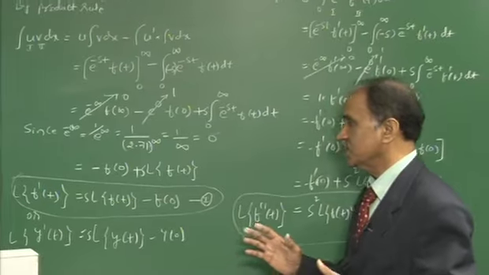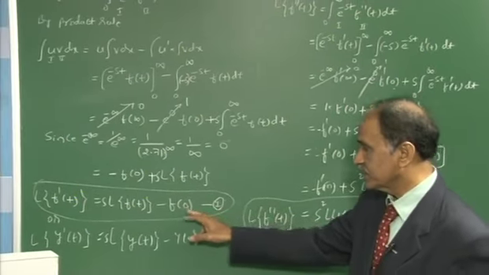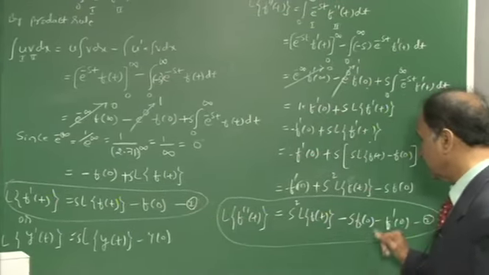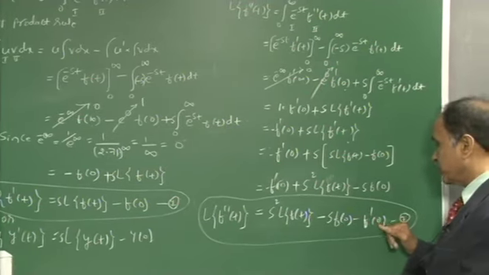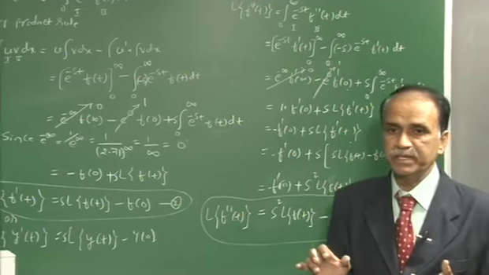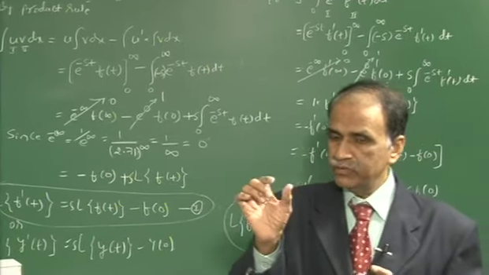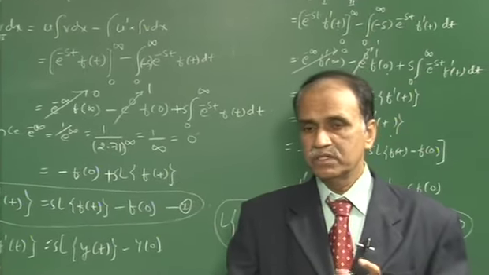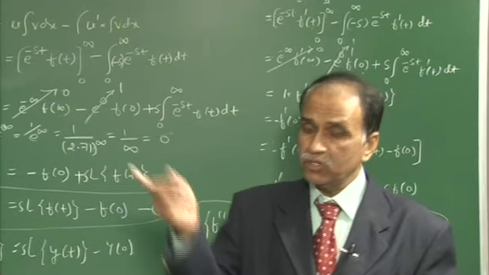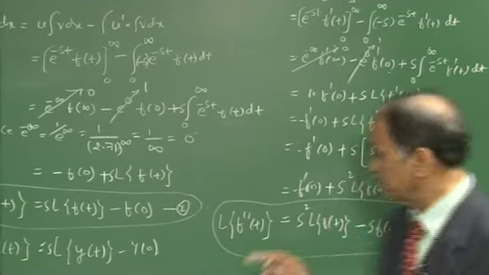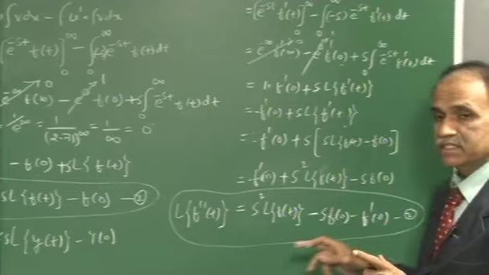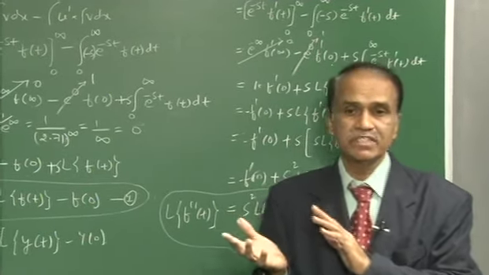What are those initial conditions? In the first result, f of 0 is expected, and in the second result, followed by f of 0, f dash of 0 is also expected. That means the first result contains the functional value without displacement, and the second result contains not only that value but also the displacement.